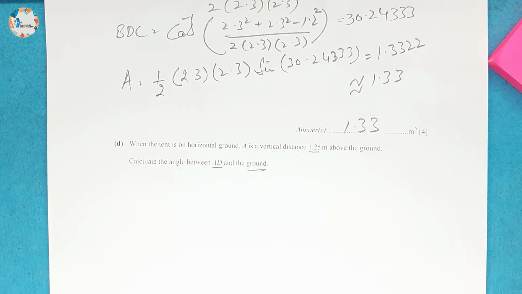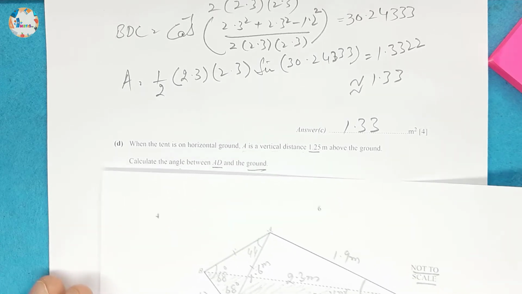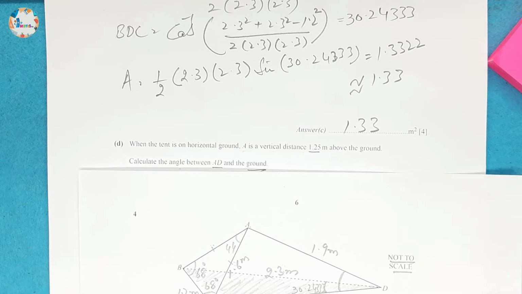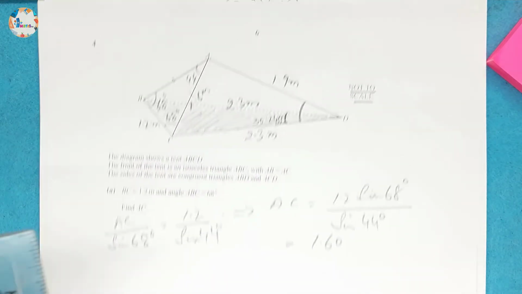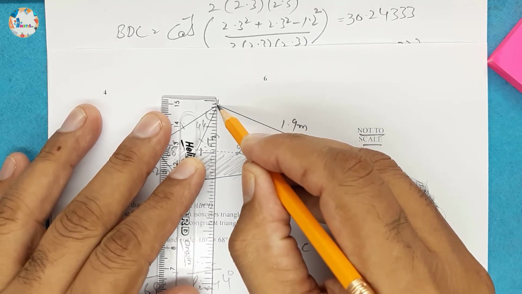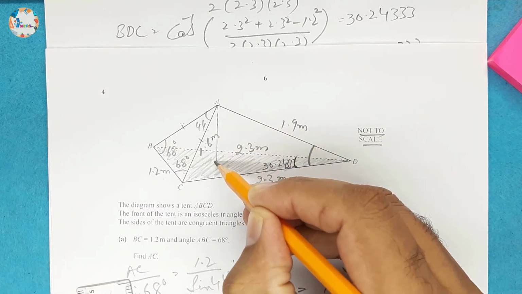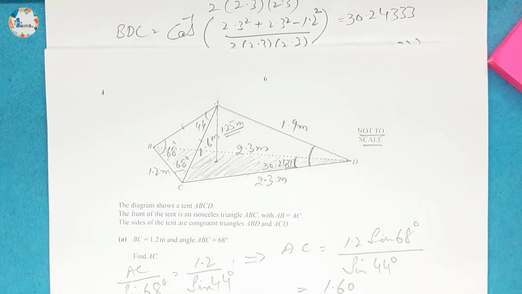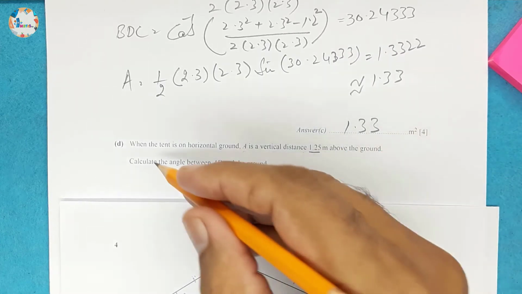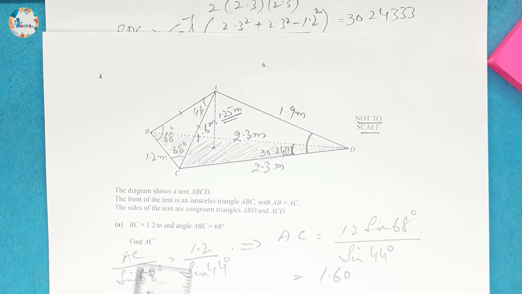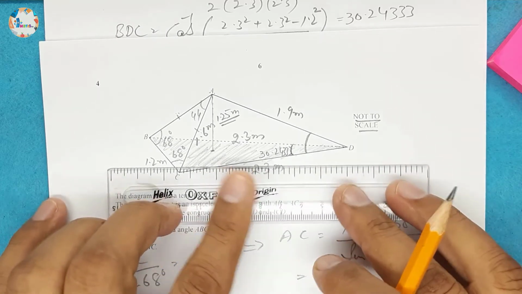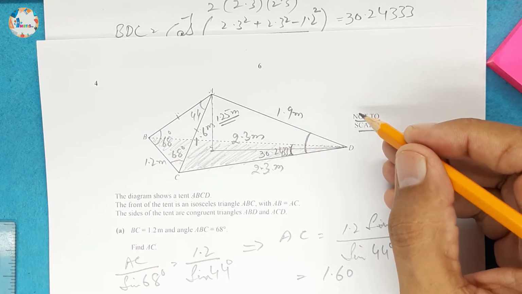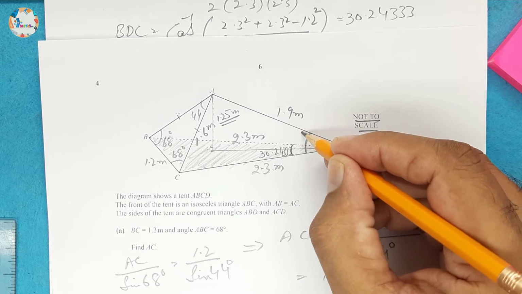If we go through the drawing again, when the tent is horizontal, A is vertically above the ground at a distance of 1.25 meters. So AD and the ground form a right angle triangle like this one, and the angle between AD and the ground will be this angle.